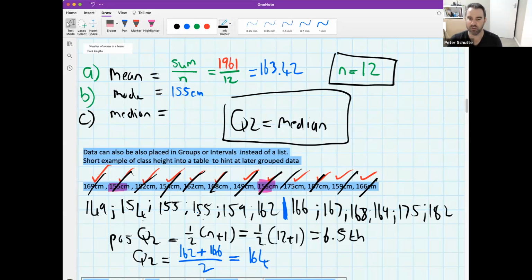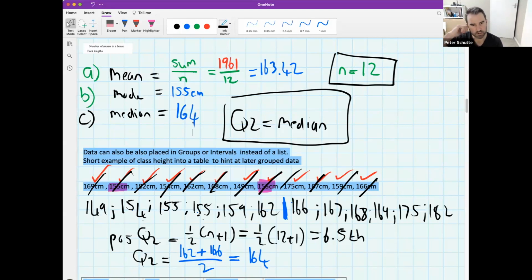So if my position was the 6th position, it would have been 162, the value of the median. But because it fell between two values, I averaged them out. And the median divides the data into the lower half and the upper half of the data set. And so the answer here would be 164.